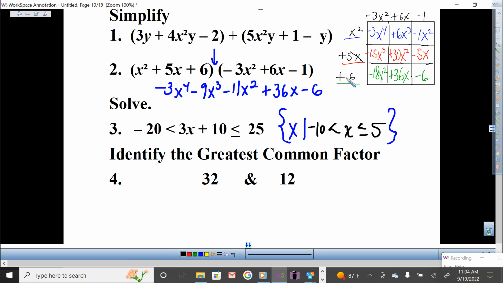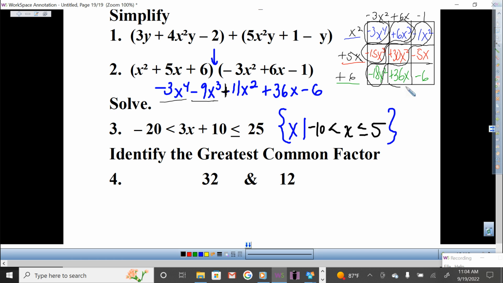So let's see. Negative 3x to the 4th, yes. We got negative 15x cubed plus 6x cubed, that's negative 9x cubed. For x squared, we got 30 minus 18, that's 12, minus 1, that is positive 11x squared.